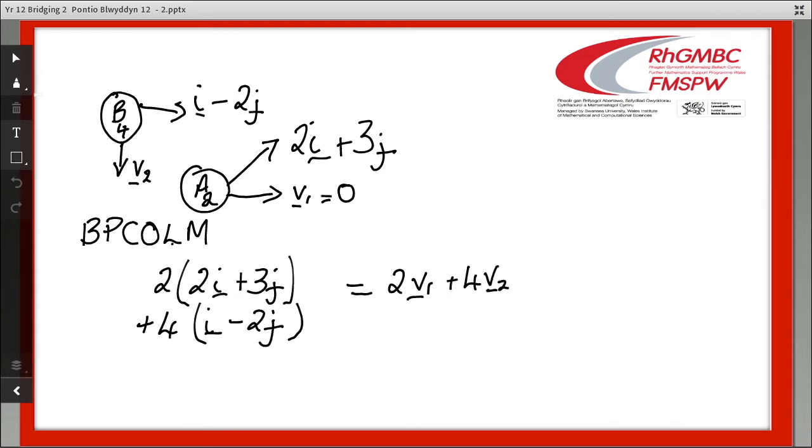But the nice thing is that we can immediately get rid of v1. That is 0. So that's quite nice, that's gone. If I remove the brackets on the left-hand side, that gives me 4i in the first column, plus 6j in the second column, and then underneath, plus 4i minus 8j.